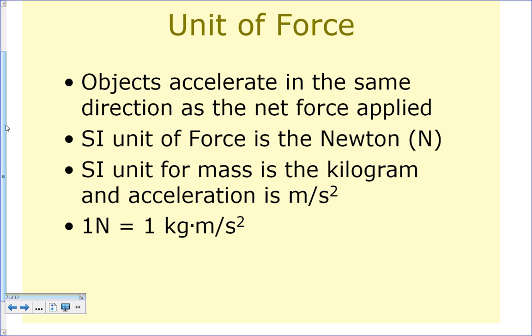So if the net amount of force acting on an object is to the right, it's going to accelerate to the right. Let me show you what I'm talking about. If you're pushing on something, say that shopping cart I was talking about, pretty good looking shopping cart right there.